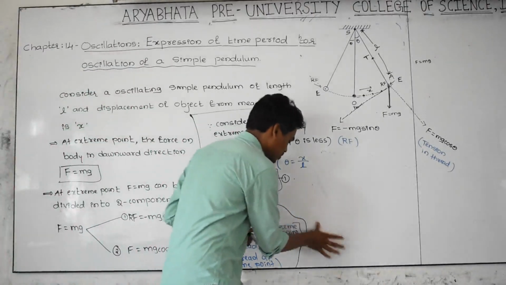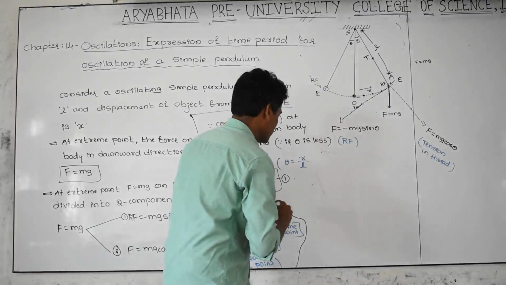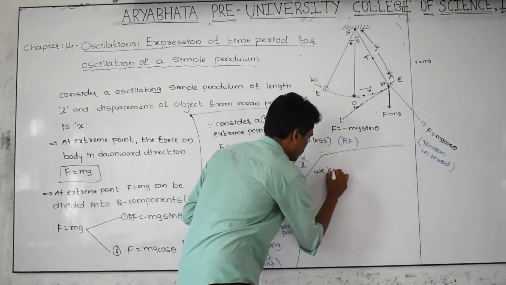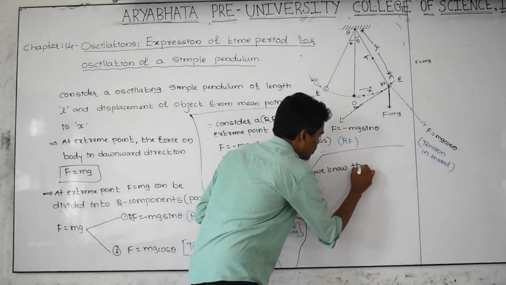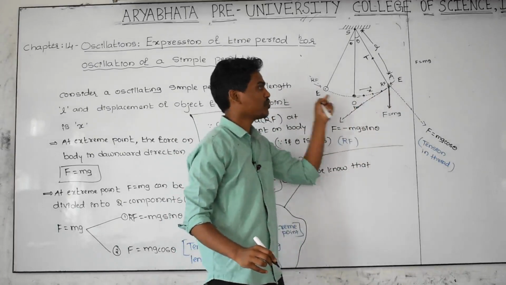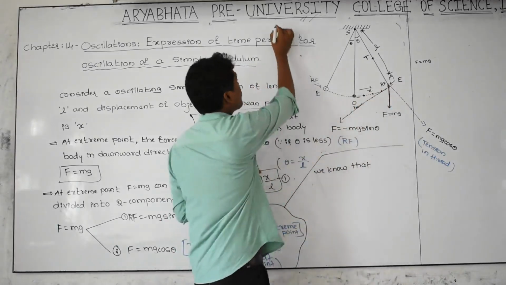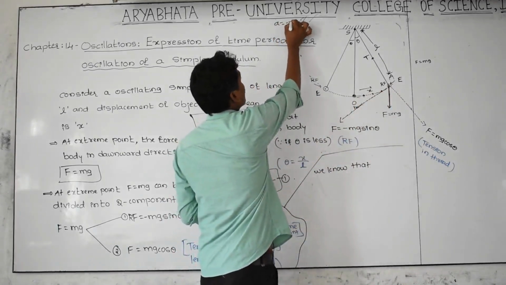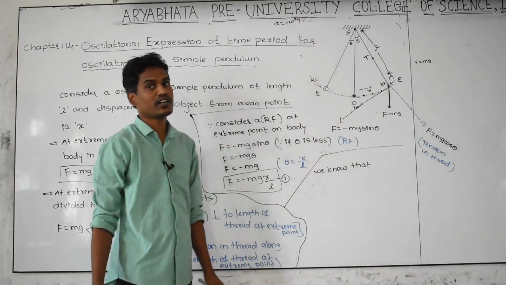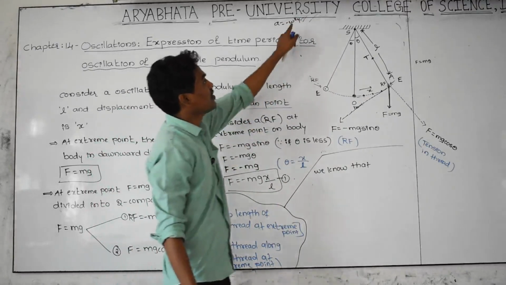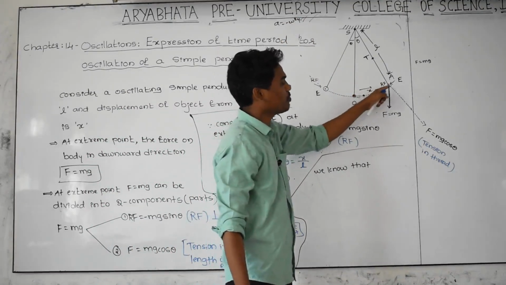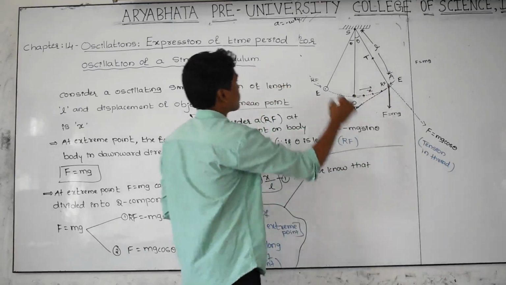And next we know that the acceleration of an object in simple harmonic motion can be given by a is equal to minus omega square y. This equation we have derived or studied in the previous class. What is y? Displacement from the mean position, but here I have taken it as x.